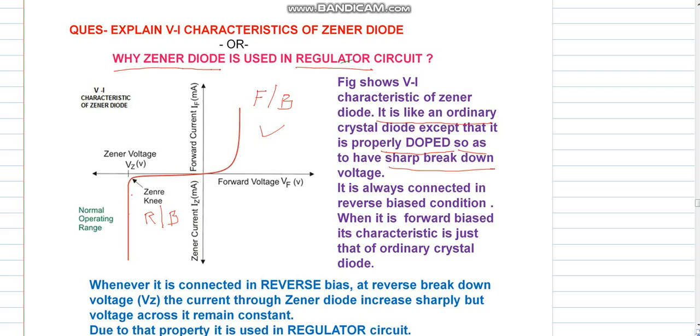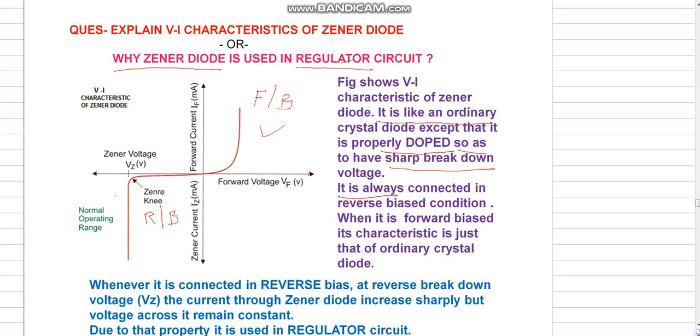in the third quadrant shown in the graph, the Zener diode shows a sharp breakdown voltage. So whenever a Zener diode is used in a regulated circuit, it is always connected in reverse bias.